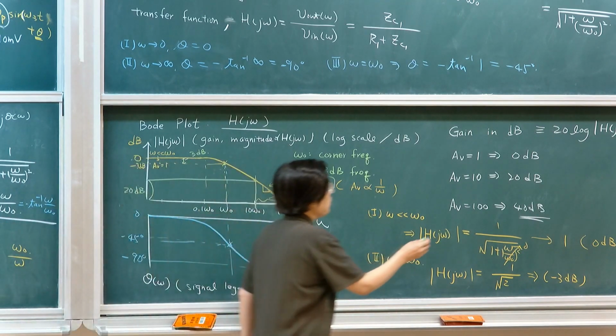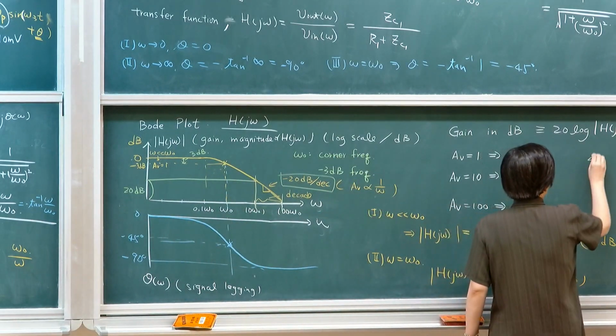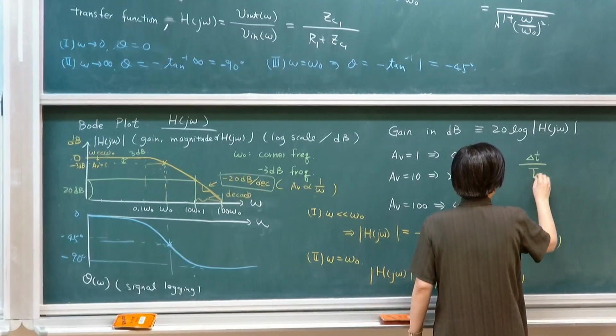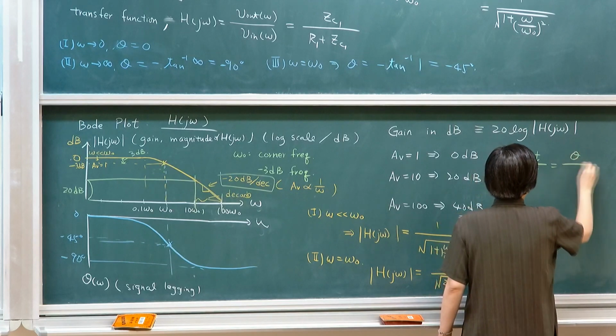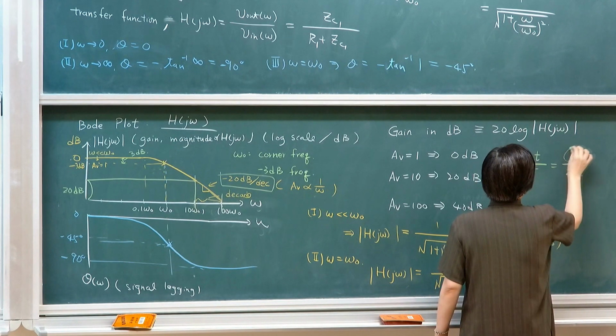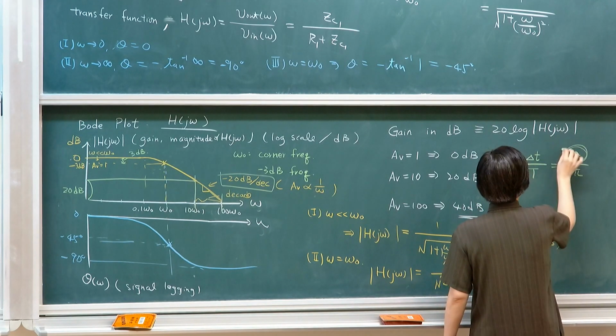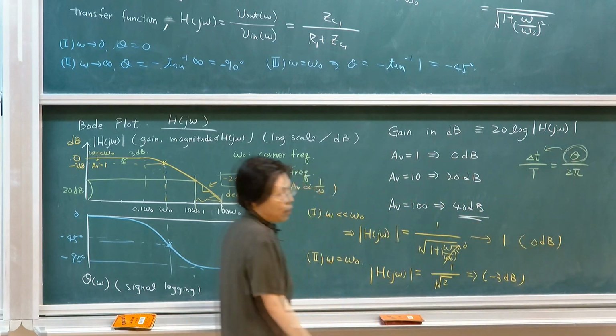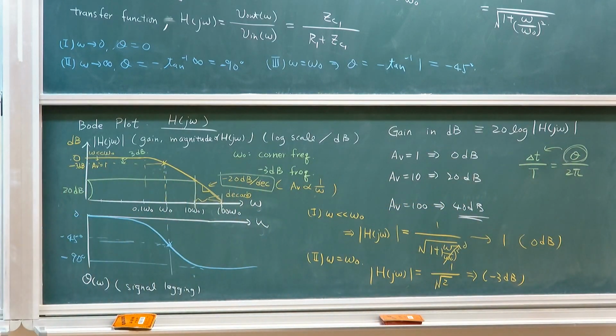This will be simply delta t. In the time domain, delta t over T is theta over 2 pi. So the amount of delay in phase will refer to the delay in time domain between the 2 signals. Okay?